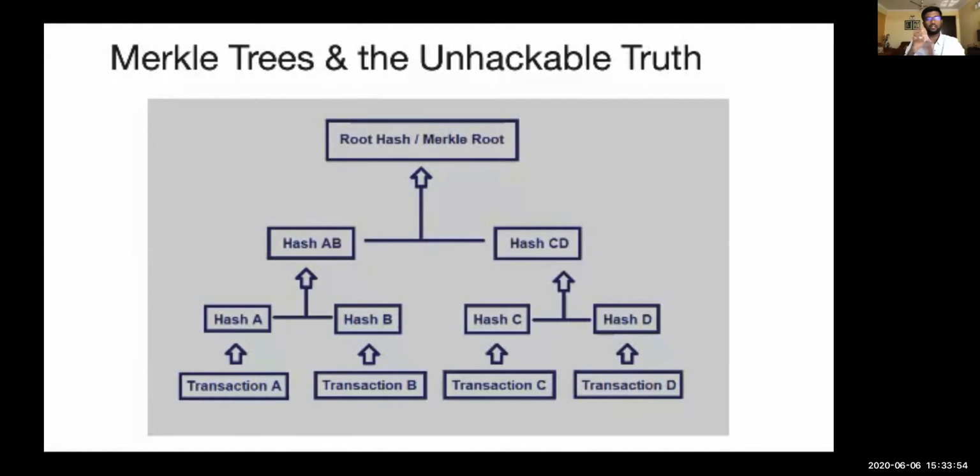It won't be like a hash of 36 characters ending in A where, if you change just one digit in the transaction, only the last digit changes. It is not like that. The entire hash will change. The entire hash will be completely new. You cannot guess what kind of change will be reflected in a hash if you change anything in the underlying data. Very important concept, and this is the reason why Merkle trees make it unhackable.